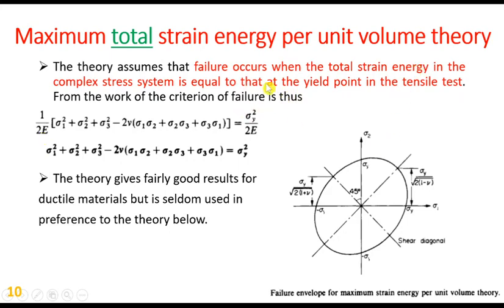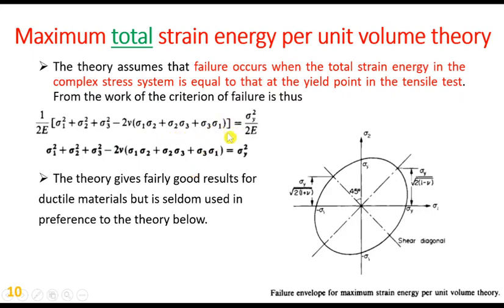So what will be the total strain energy at yield? That will be sigma y square over 2E. That is the energy, and we have to equate this with 1 over 2E into [sigma 1 square plus sigma 2 square plus sigma 3 square minus 2 mu into (sigma 1 sigma 2 plus sigma 2 sigma 3 plus sigma 3 sigma 1)].